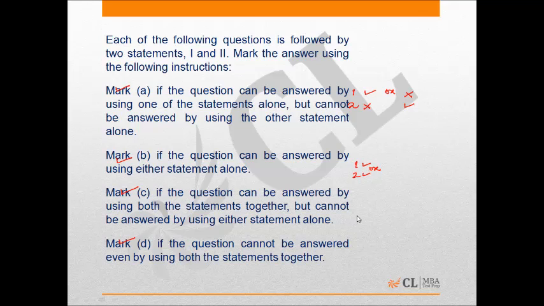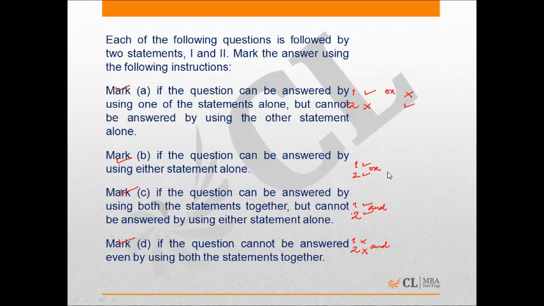Let's look at the mark C option. You can answer the question using both the statements together. So it requires both the statements. And the D option is if from the first and second statement, you cannot answer even using both.